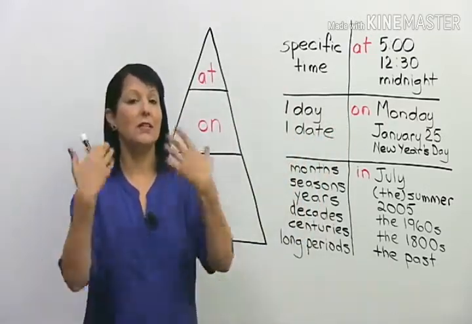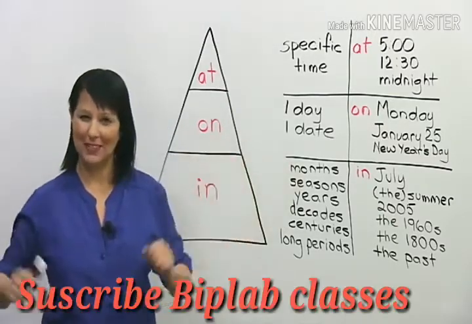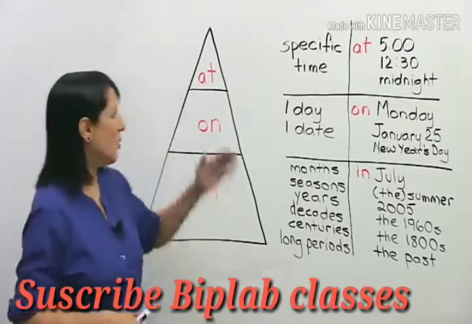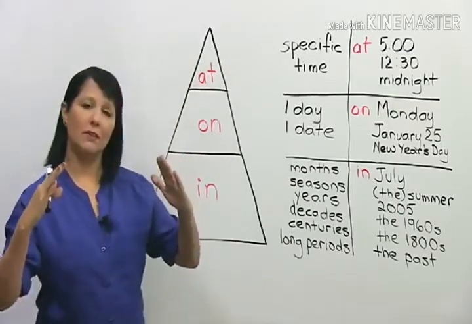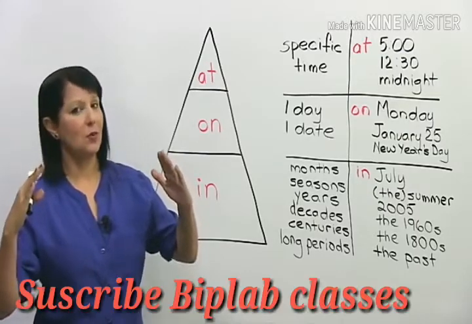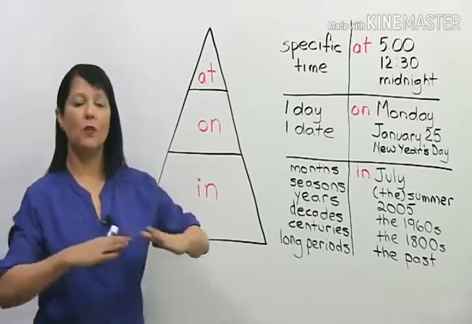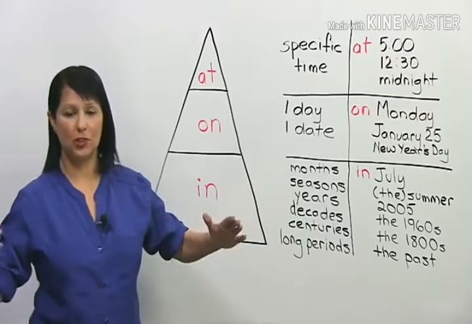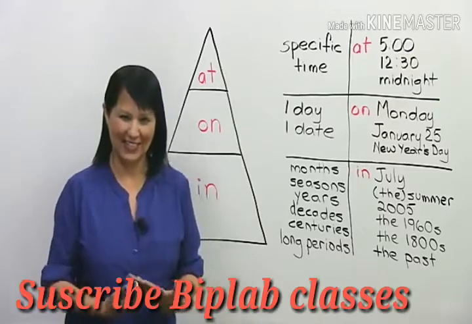We can also say in the future, okay? Because it's also a long period of time. Did you get that? So at for very narrow situations, on for a little bit wider, one day or one date, right? And in for the widest situations of all, more than one day or one date.